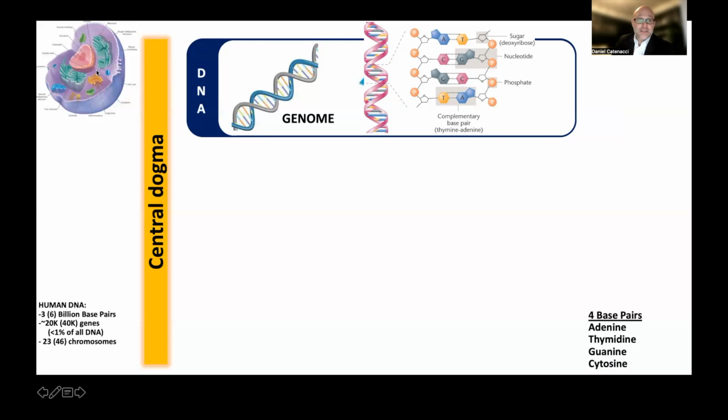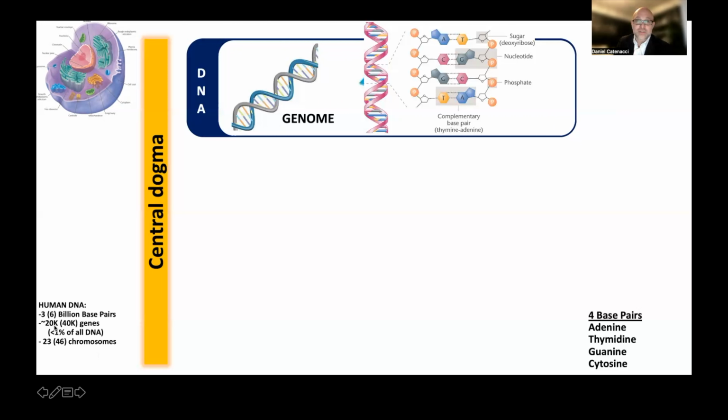And the next thing to understand is that there are 3 billion or so base pairs in the human genome. Anything having to do with the DNA is referred to the genome. And times 2, because we have one copy from mom and one copy from dad. Amongst all those billion base pairs, we have about 20,000 genes.